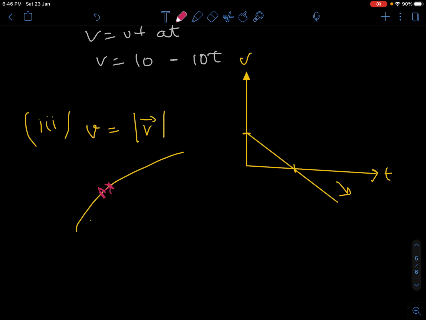And on the straight line we know that speed and velocity are equal, so the instantaneous speed will be equal to the instantaneous velocity. So as it is the magnitude, the part of the velocity which is going downwards, the speed will be upwards. This is the graph of the speed-time graph.